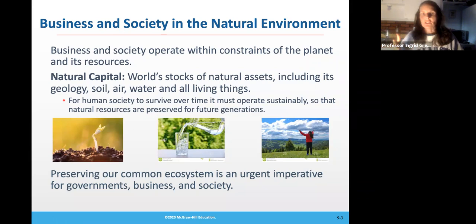And we have some nice pictures here of plants, some water, some fresh air, etc. And the slide here says for a human society to survive over time, it must operate sustainably so that natural resources are preserved for future generations, right? So let that sink in for a moment that you as a manager are going to be making decisions for the next 30, 40 years.